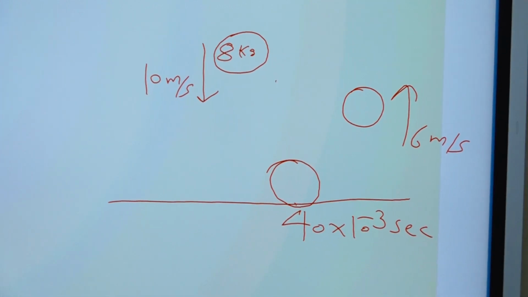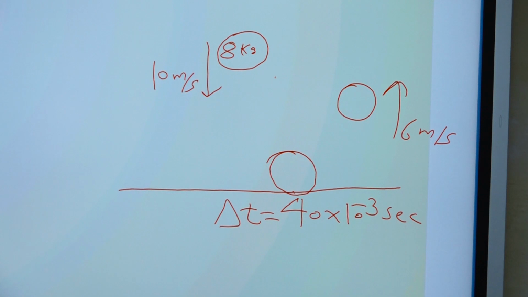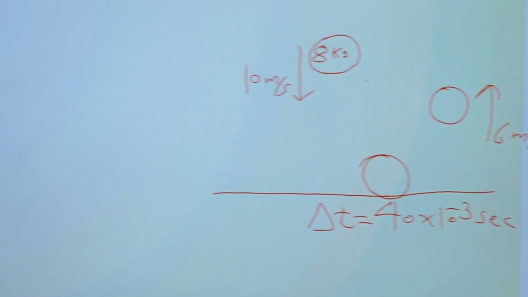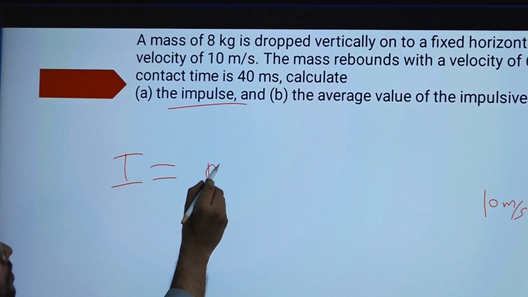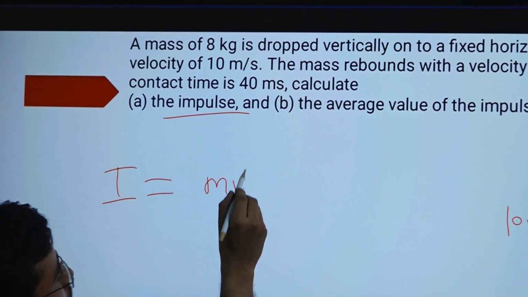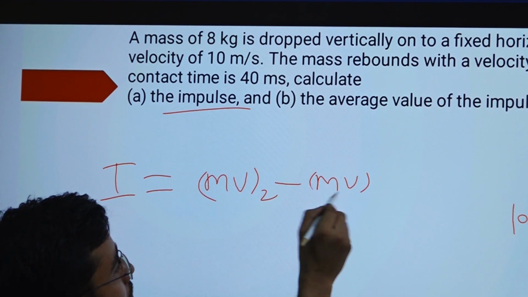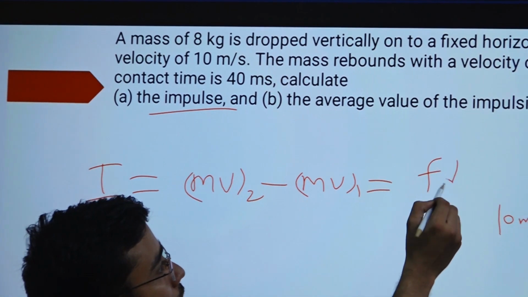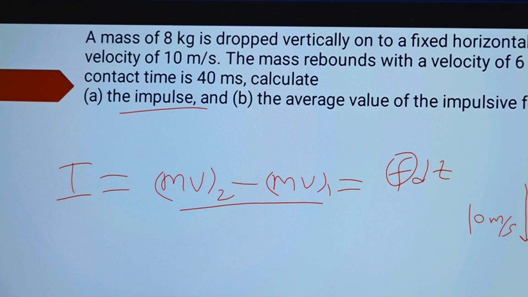So that is the delta t. Now we have to apply the previous equation again and we will find out the impulse. So impulse is obviously F dt, but we don't have force here, so we will apply this equation itself, right.